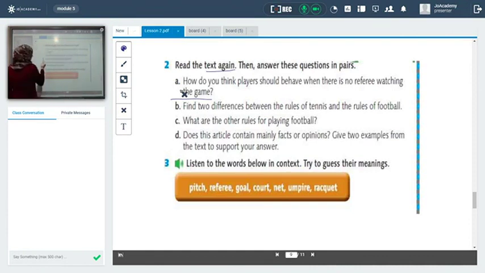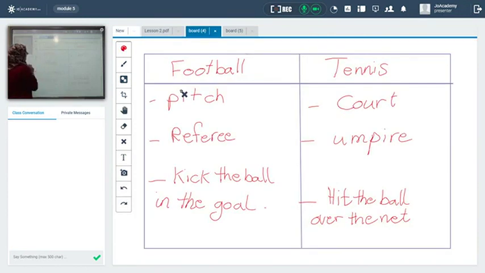Now let's look at B. Find two differences between the rules of tennis and the rules of football. Now let's have a look at football and tennis. Football is normally played on a pitch, whereas tennis is played on a court.